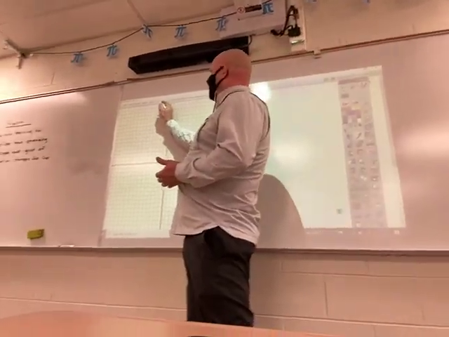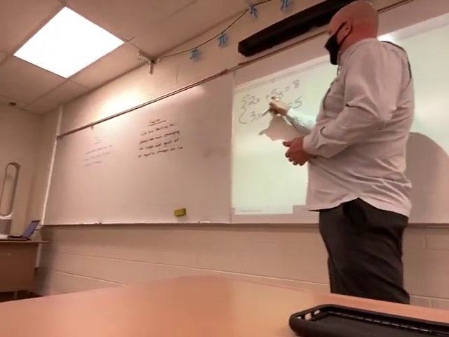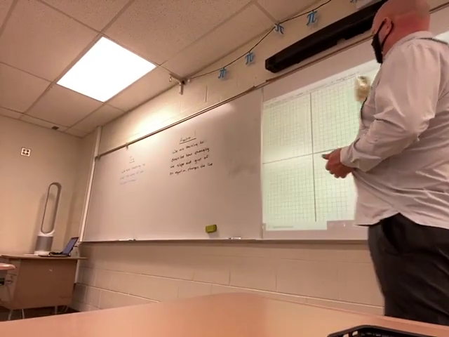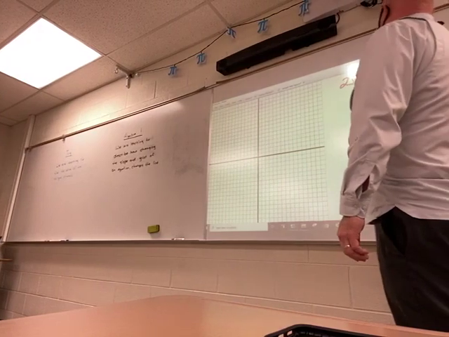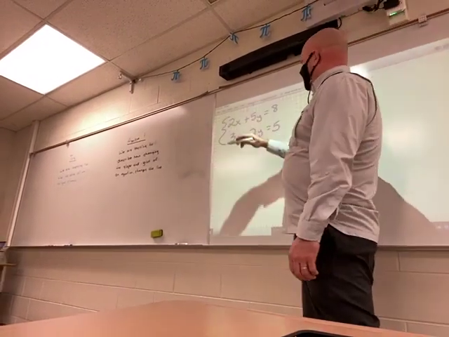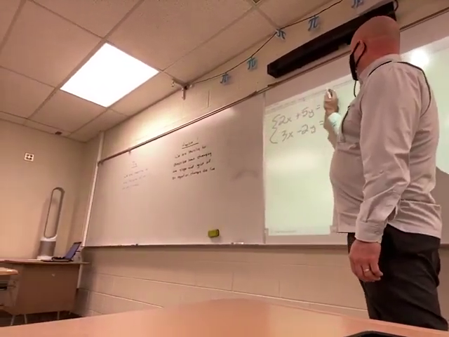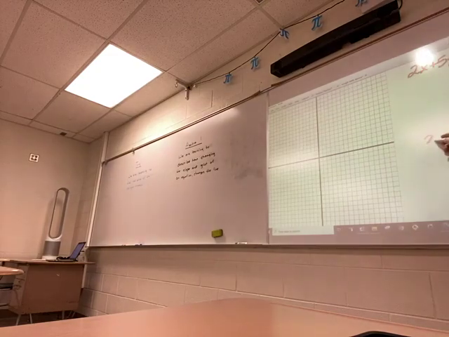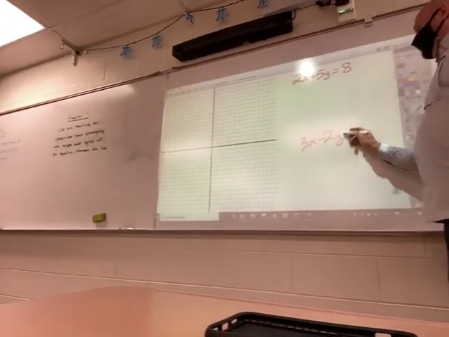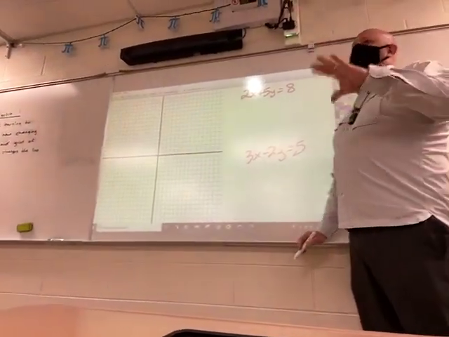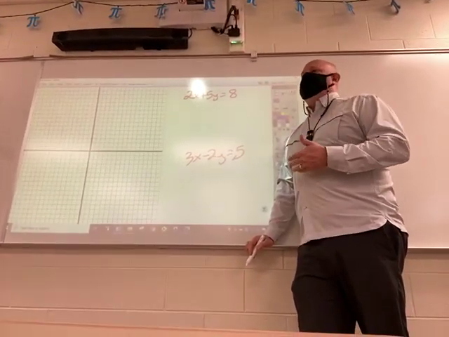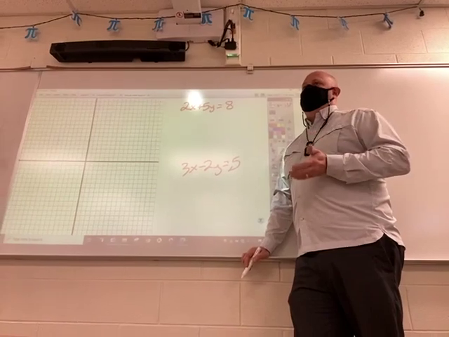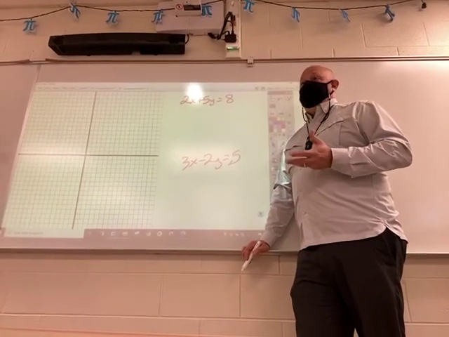And that's exactly what we would do. So if I saw a problem like this, 2x plus 5y equals 8, and 3x minus 2y equals 5, if I want to solve this system and basically figure out where these intersect, one method is to graph them.